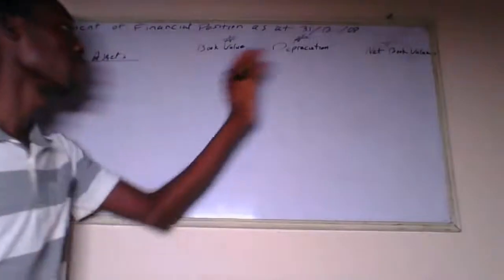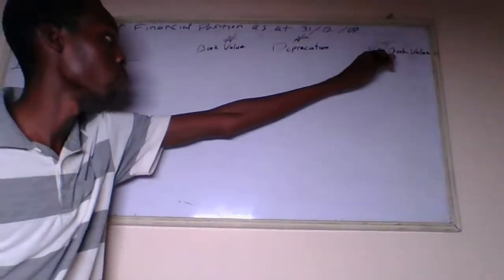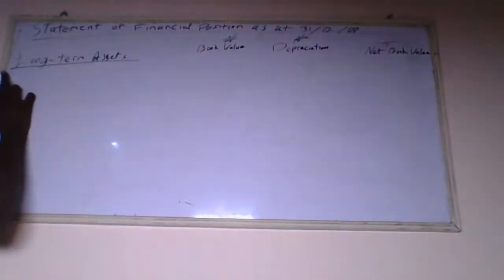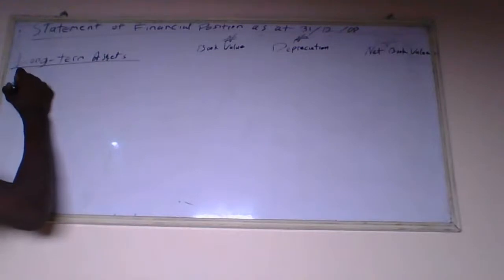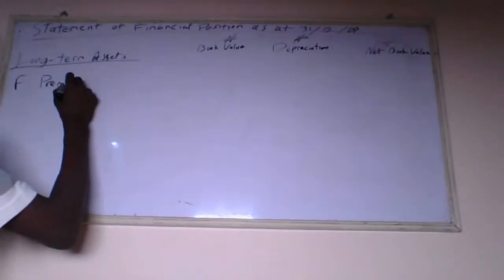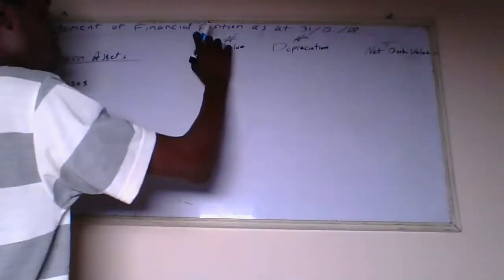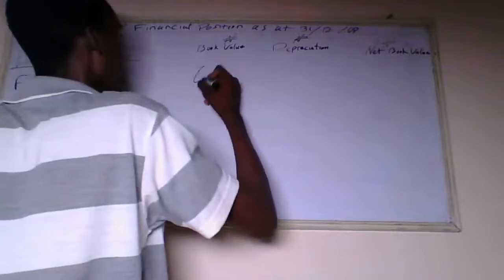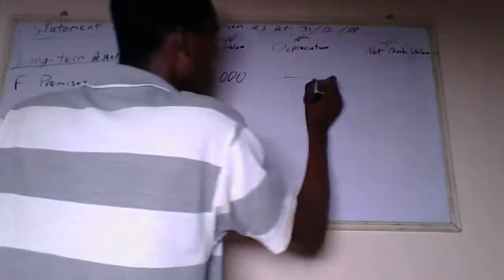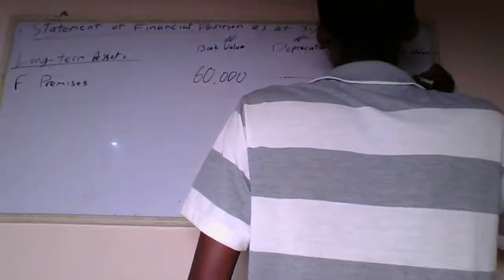What I mean by net book value is simply your book value minus your depreciation will give us your net book value. So let's start with freehold premises. Now remember that we have revalued our premises, so we're no longer taking the 46,000, we're going to take the 60,000 direct. There is no depreciation, so here net book value still remains 60,000.